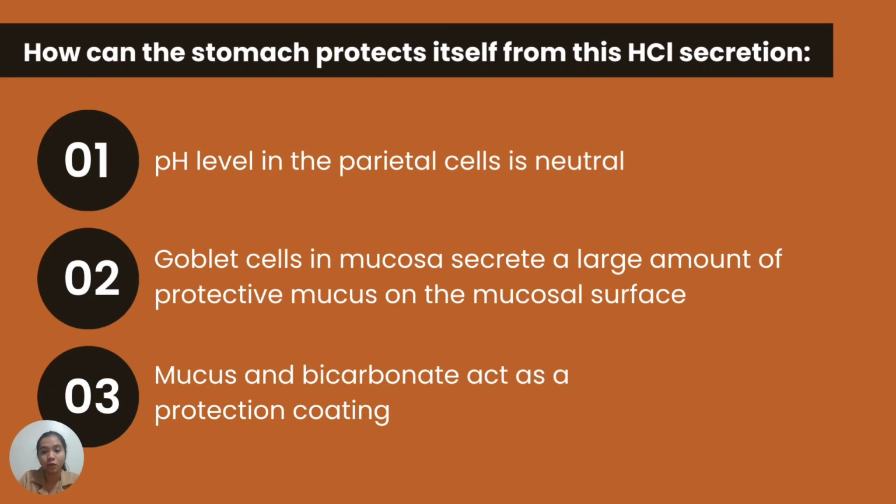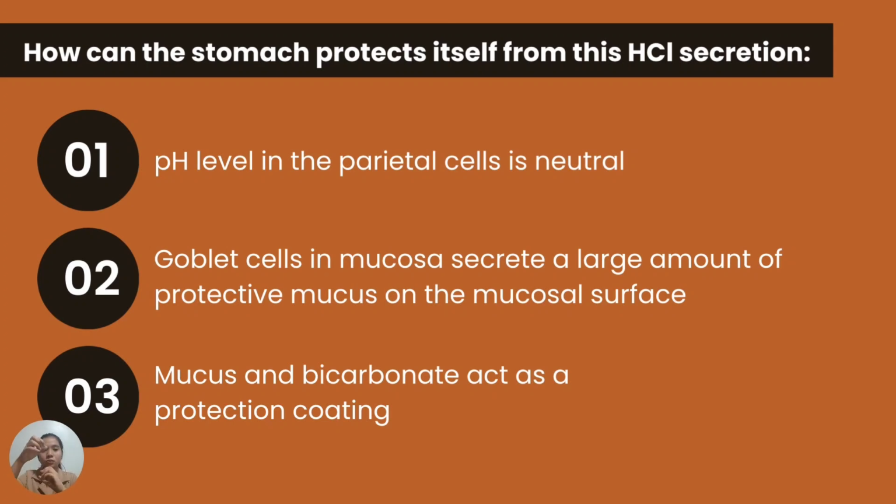Next, the goblet cells in the mucosa secrete a large amount of protective mucus on the mucosal surface. It also protects our stomach from the hydrochloric acid and digestive enzymes. So if you could imagine that this is our stomach, and in the stomach there is a large secretion of protective mucus.